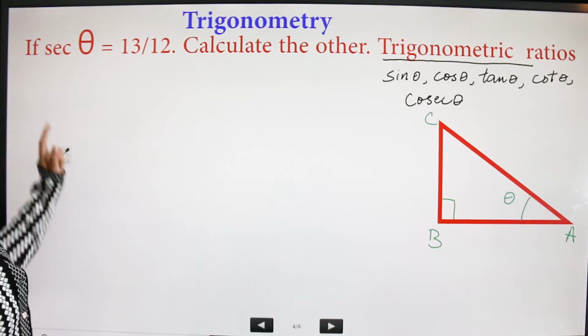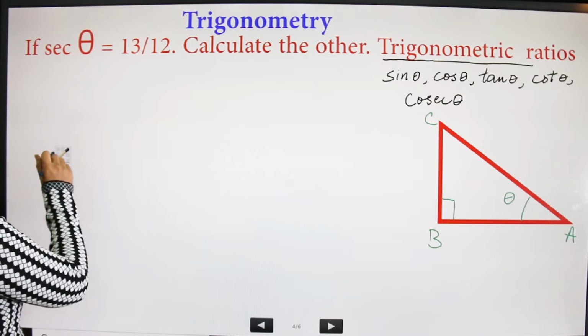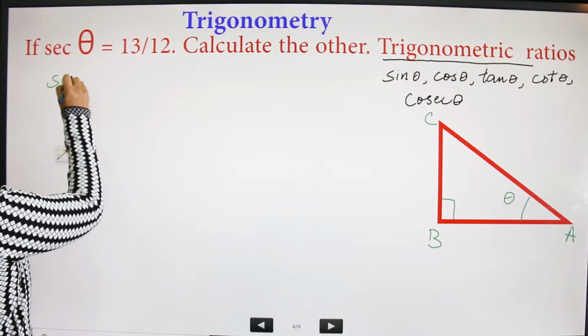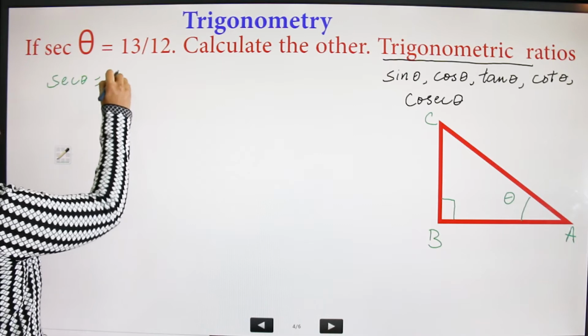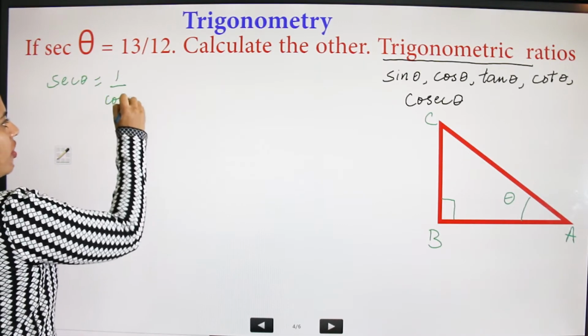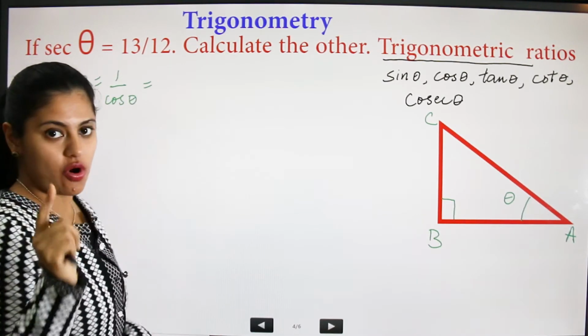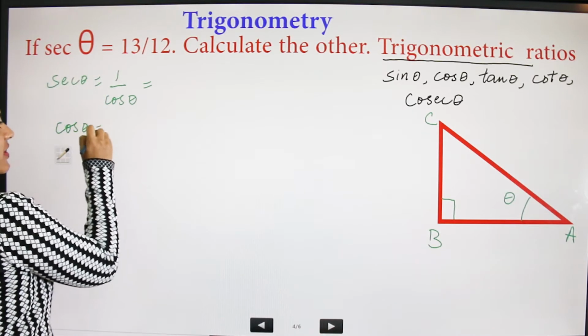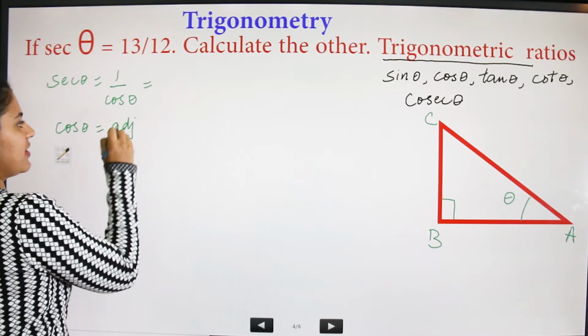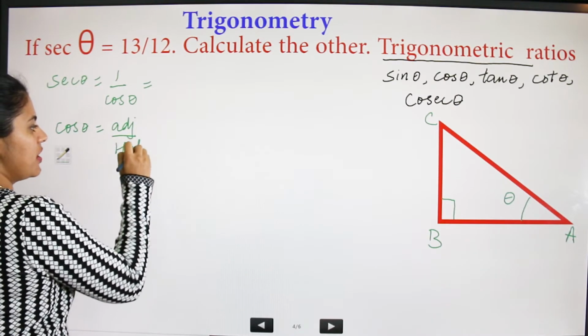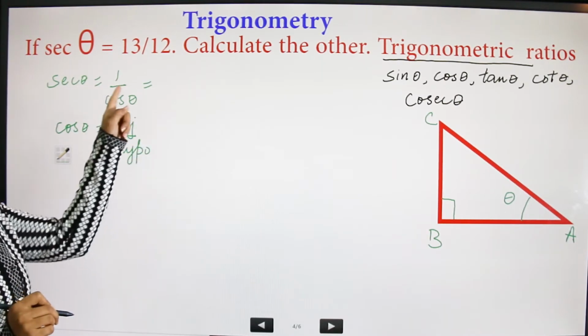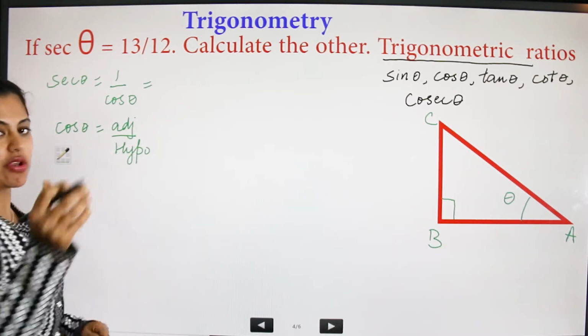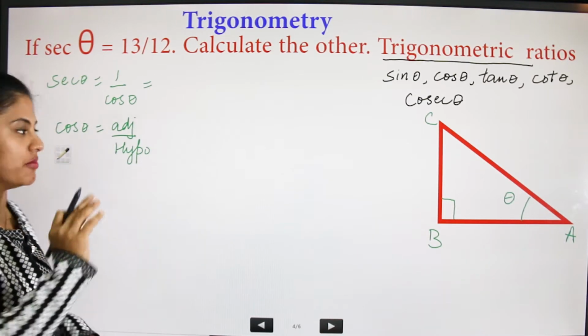Now, as we have been given the secant theta, we know that secant theta is equal to 1 over cos theta. You already know that cos theta can be written as adjacent divided by hypotenuse. But if you need to write 1 divided by that, you need to flip the term.